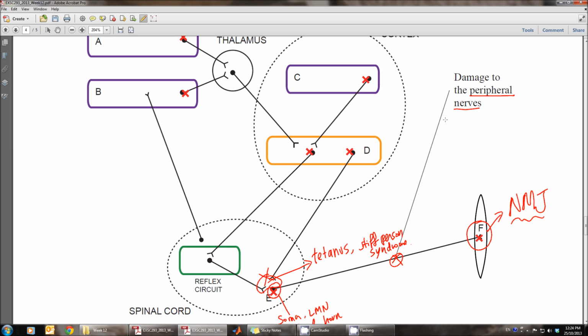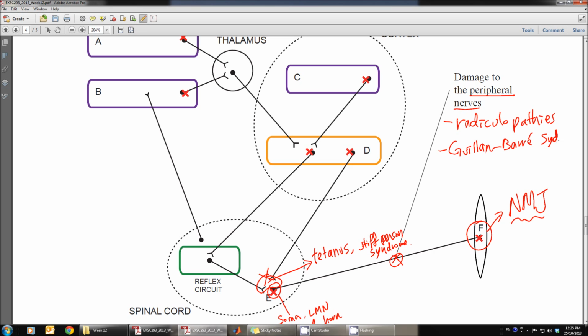The topics that covered peripheral nerve damage were the radiculopathies, for example carpal tunnel syndrome, sciatica, tarsal tunnel syndrome, and so forth, or Guillain-Barré syndrome, which is the demyelination of the peripheral nerves.